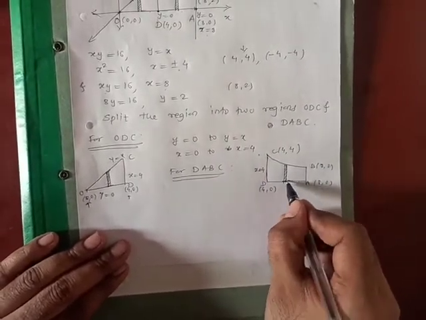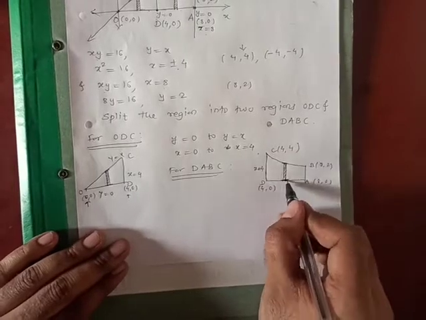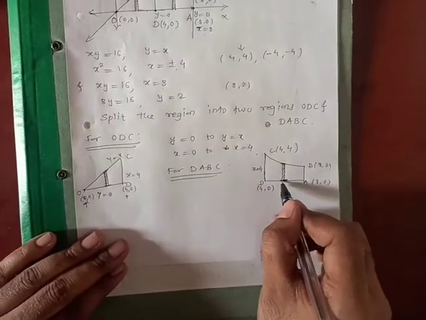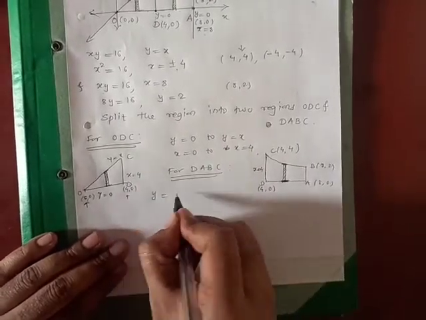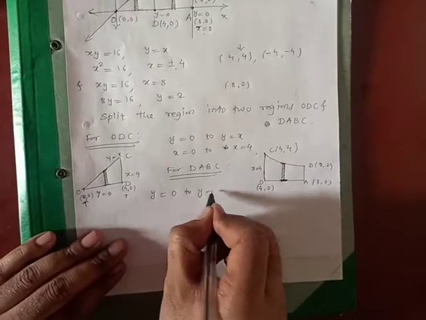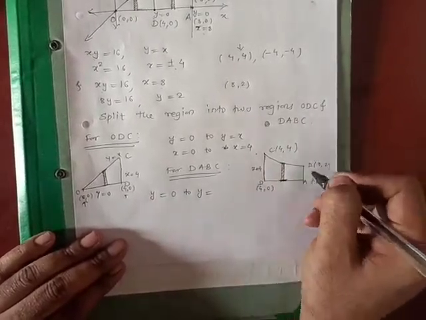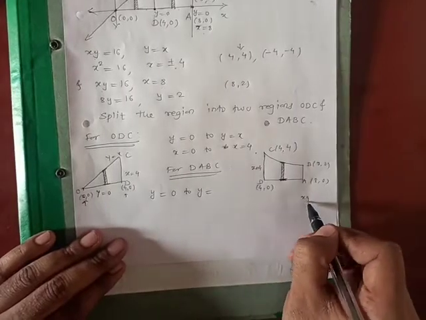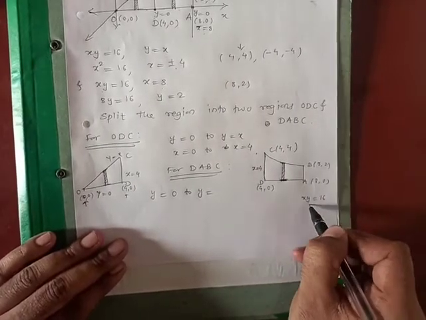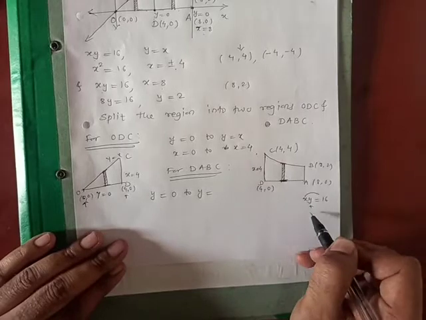Strip parallel to y-axis. Therefore, the limits of y will be in terms of these two curves. Here y will vary from 0 to y is equal to, this curve is xy equal to 16, and I need the value of y, so I'll shift this x on this side.